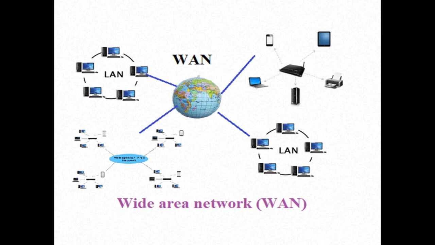So when you want to connect from one state to another, or from one state to one country, and from one country to many other countries, interconnection of any wide area, then it is termed as wide area network.